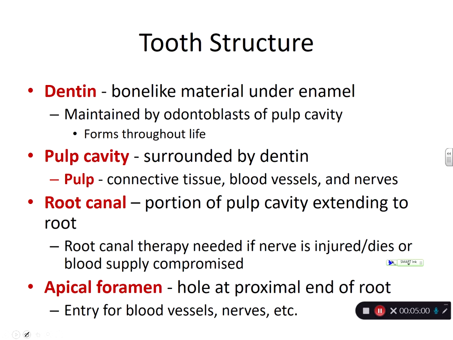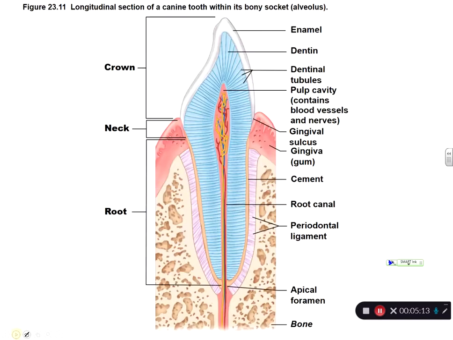There's also the pulp cavity. The pulp cavity is deep inside. In the pulp cavity, you've got some connective tissue, blood vessels, and nerves. So let me go to this picture. Everything in this picture that's blue is all the dentin.